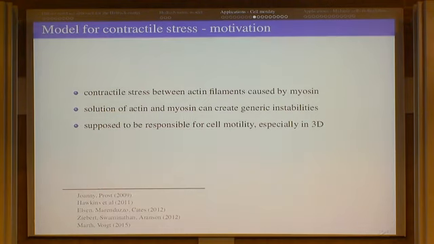Okay, so this was the first model, and I now want to show you the second model we were working on. This model now focuses on the contractile stress within the cell.